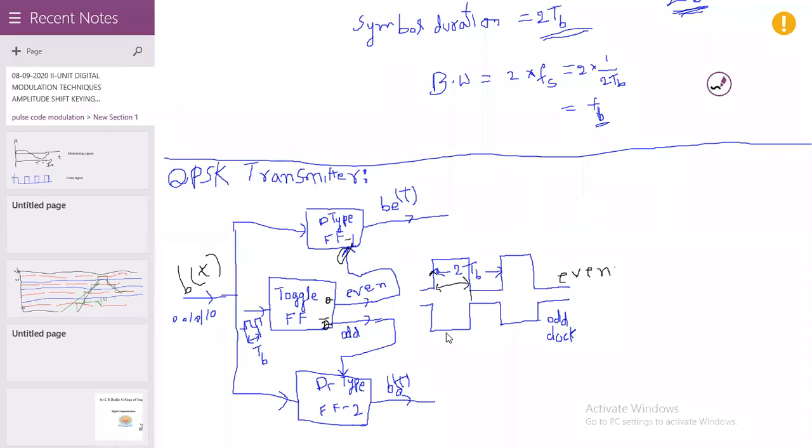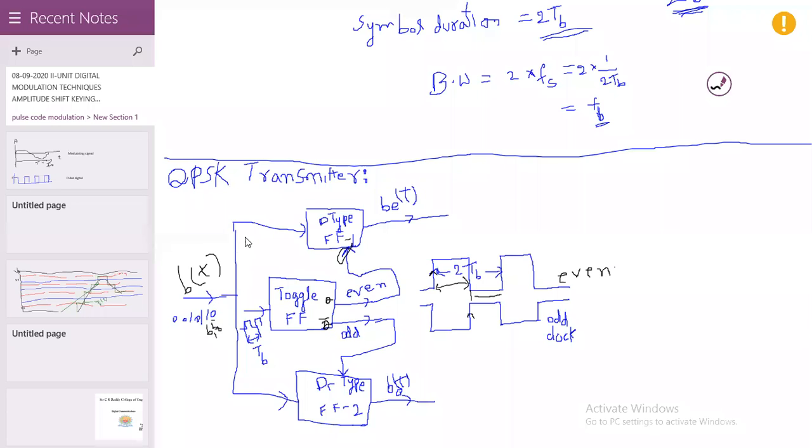Whenever D-type flip-flop 1 is disabled during the off state, at that time D-type flip-flop 2 is enabled, and whatever data is present is available at the output of D-type flip-flop 2. That means each bit duration is TB. So the first bit B0 is even data, B1 is odd data.